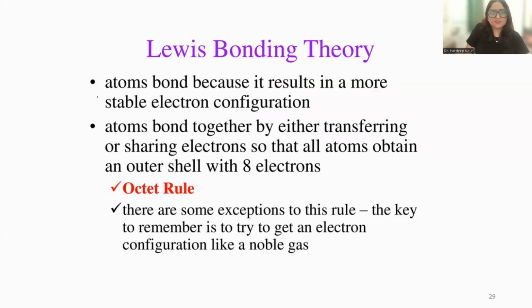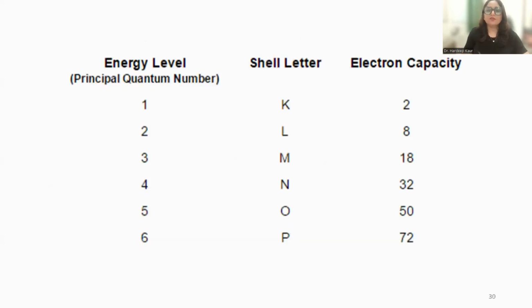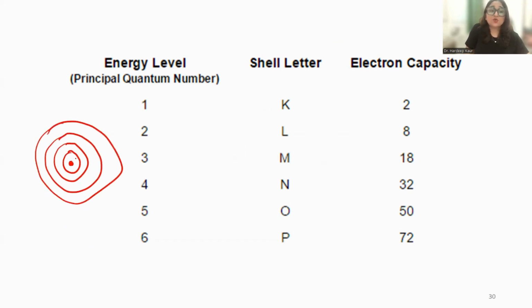But there are some exceptions, like hydrogen, atomic number 1. It has to take just 1 electron to get stabilized. I'll let you know why. According to the rule, around the nucleus there are the K shell, L shell, M, N, O, P and so on.